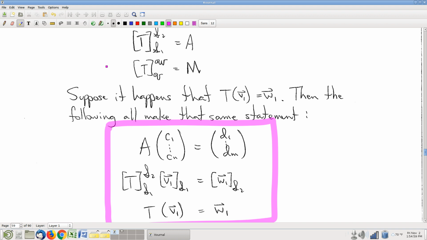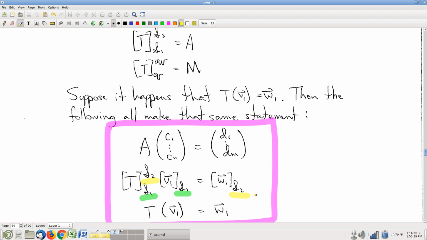How would we say T of V1 equals W1 once I've decided that I want to use the S1 basis to represent input vectors, and I want to use the S2 basis to represent output vectors? That's all this is saying. But it's still T of V1 equals W1. It's just that statement understood that I want to say it in a certain language.